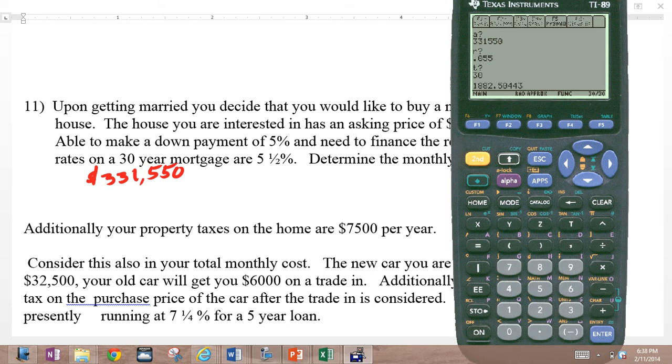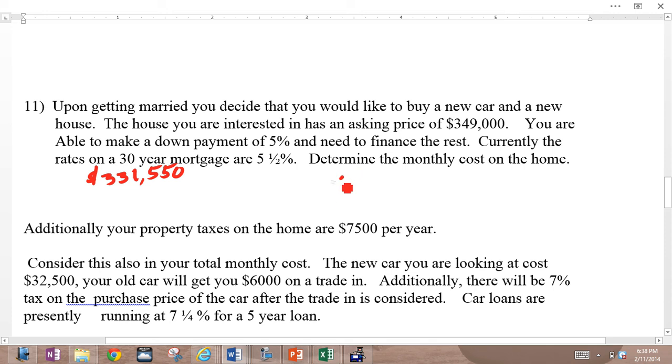Okay, my monthly mortgage payment is $1,882.50. Okay, so property taxes are $7,500. I'm going to split that up over the year, so it's $7,500 divided by 12.